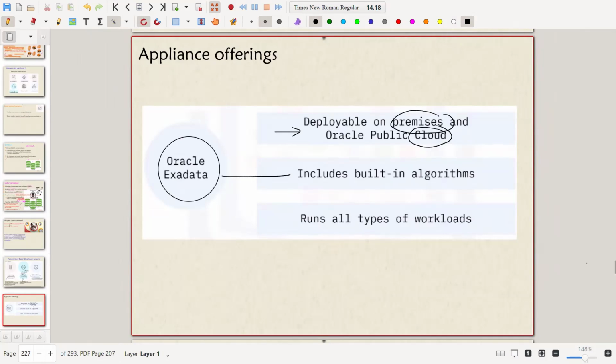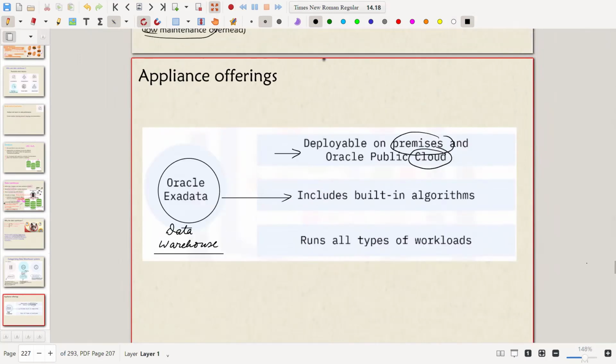And this data warehouse is created by Oracle, known as Oracle Exadata. Okay, and you can see this data warehouse has a lot of built-in algorithms inside it to perform all types of analytical processes, right? And it can run all types of workloads.